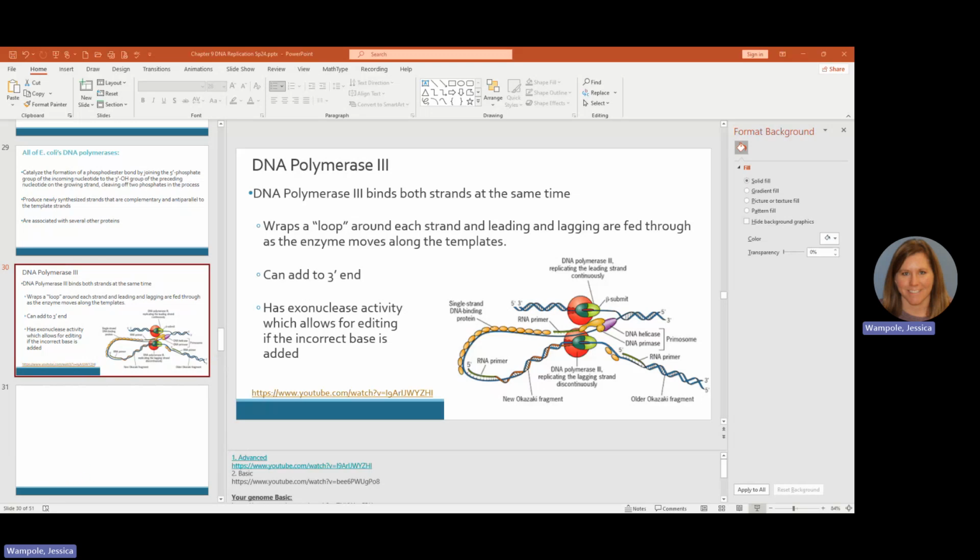As the replication fork opens up, new primers are added, and new fragments are made.